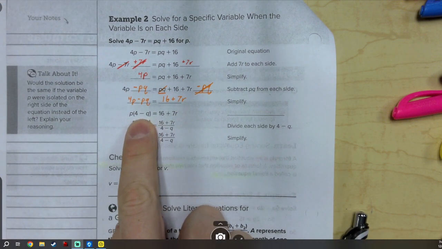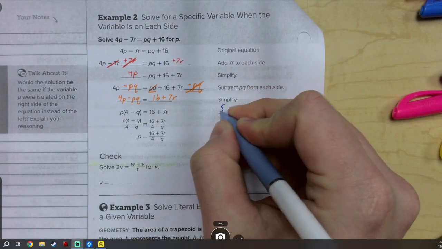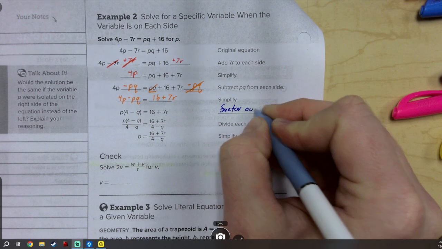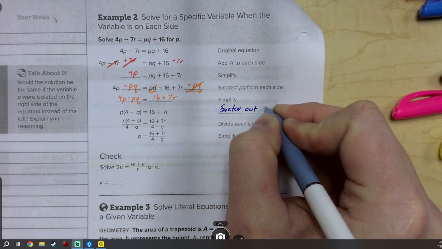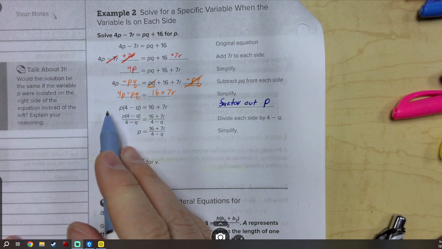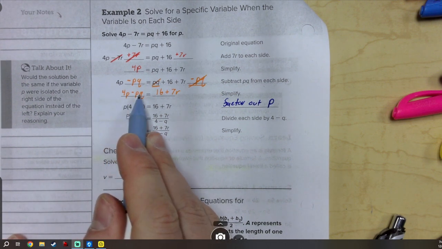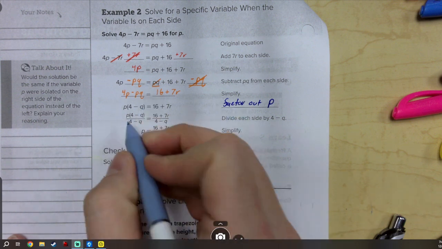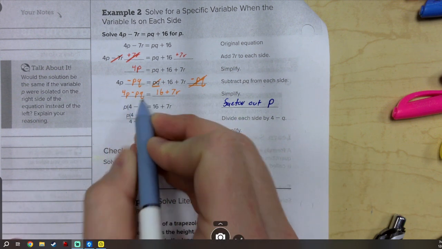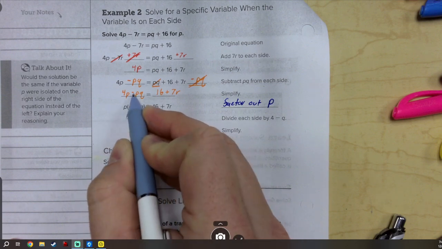Now this next step is the factoring. We are factoring out p. It's the opposite of the distribution step. We see that there's a p here and a p here. So if you were to do distribution, p times 4 is 4p. P times negative q is negative pq.